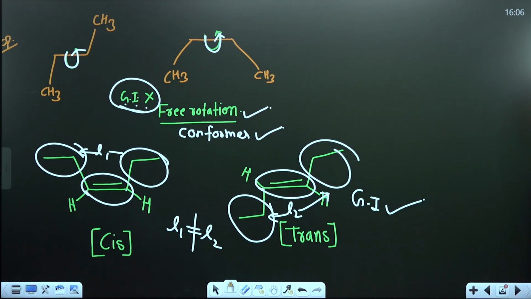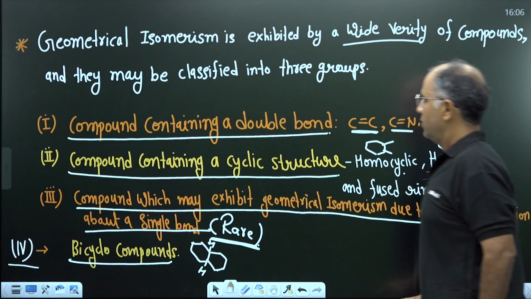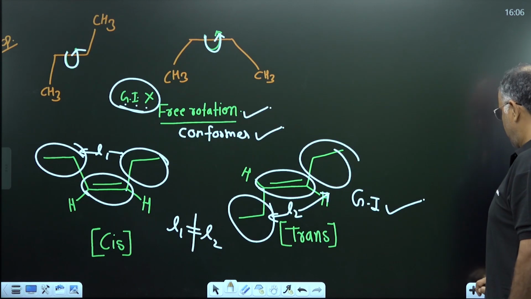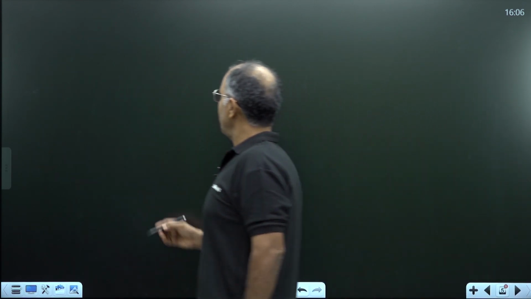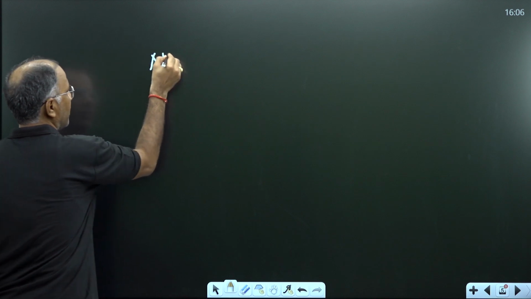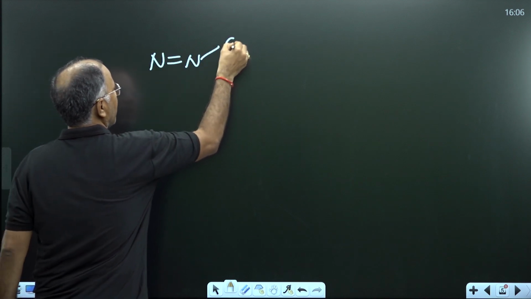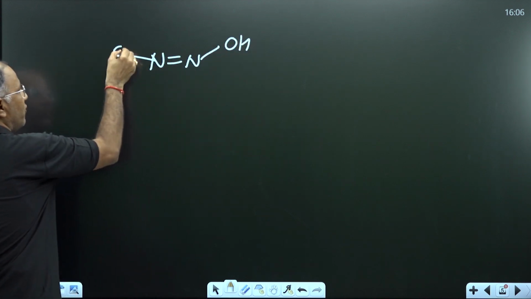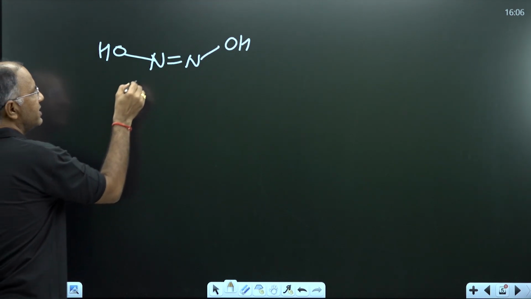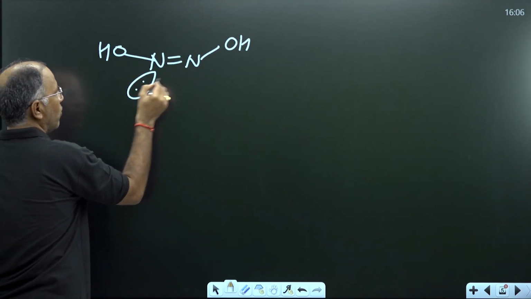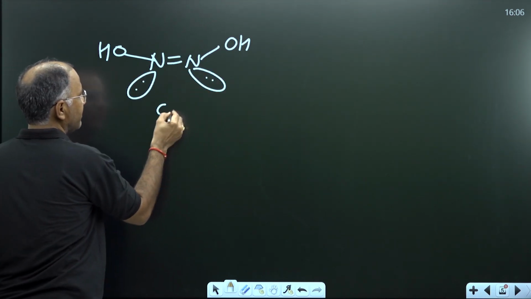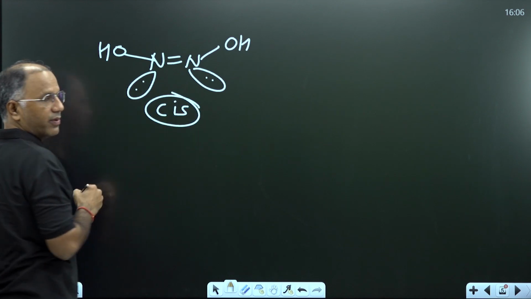Pause the video and write this example. Similarly, we can draw one more geometrical isomer. If I ask you whether it is cis or trans, cis means same side. There will be a lone pair, they are on the same side, this means it is a cis isomer.